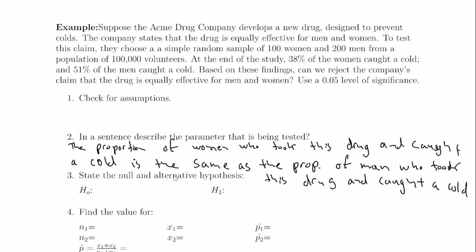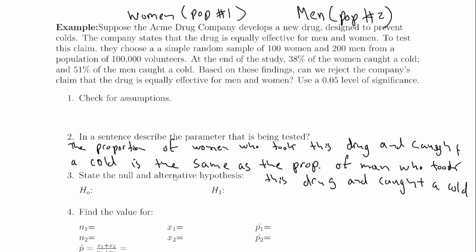So pretty much we have our two populations, but you have to make it easier. We have women, which is population 1, numero uno. And then we have men, which we'll say is population 2.